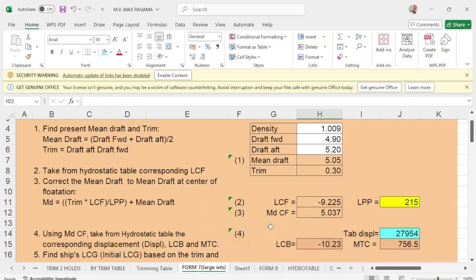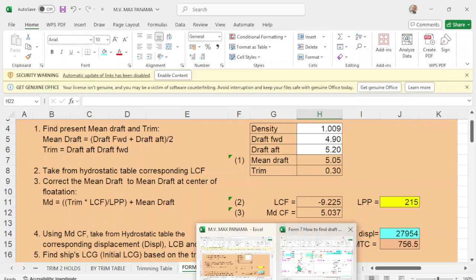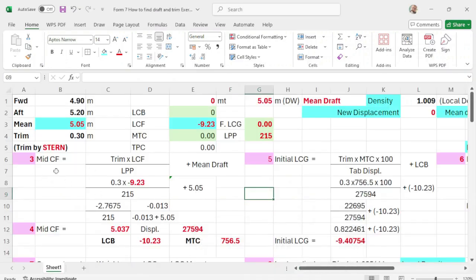Then number 3, you compute for the mid draft at center of flotation. You read this one: correct the mean draft to mean draft at center of flotation. So mid draft at the center of flotation, and this is the formula. I made it in an Excel form. Mid draft at center of flotation is trim times LCF over LPP.